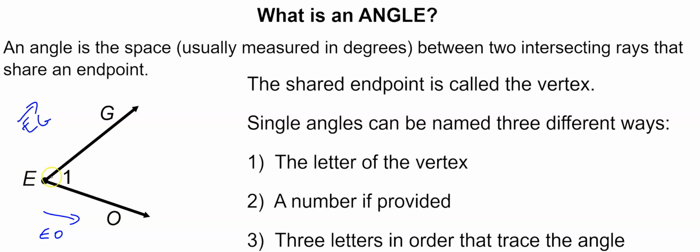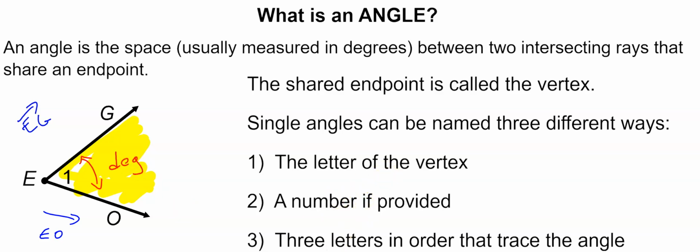They share E as an endpoint. The space inside those two rays, this space right here, is my angle. And when we measure that opening, it is usually measured in degrees.